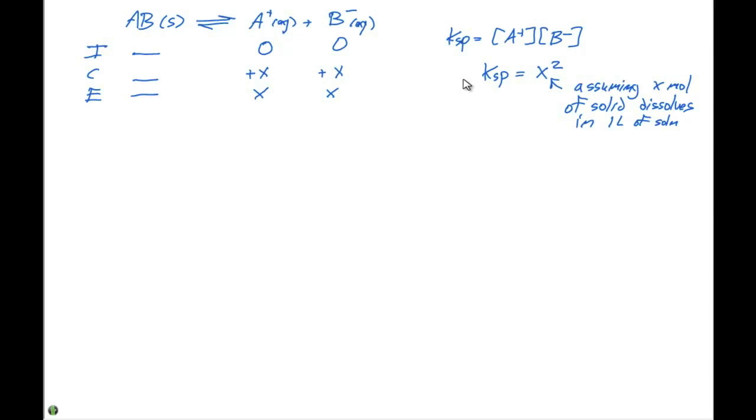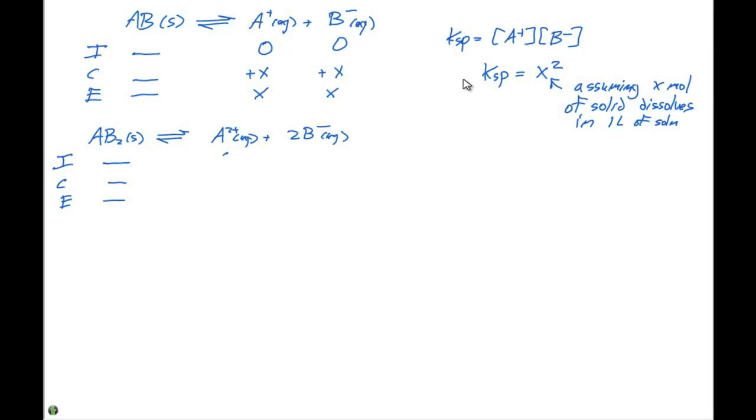Now, if, for instance, we have a compound in the second group that is AB2 as a solid, that's going to be in equilibrium with A2 plus in aqueous solution plus 2B minus also in aqueous solution. If we set up our ice tables to determine the equilibrium concentration of our ions in solution, again, the solid does not have an effect.